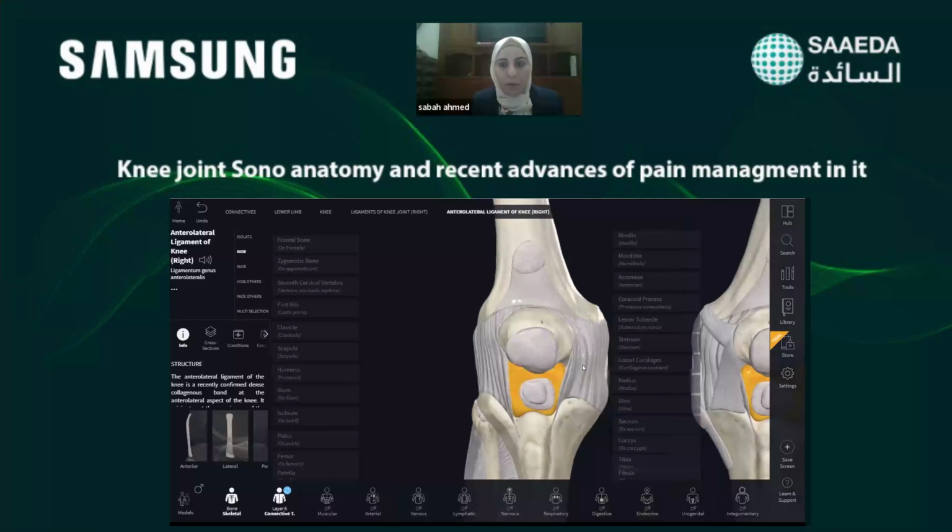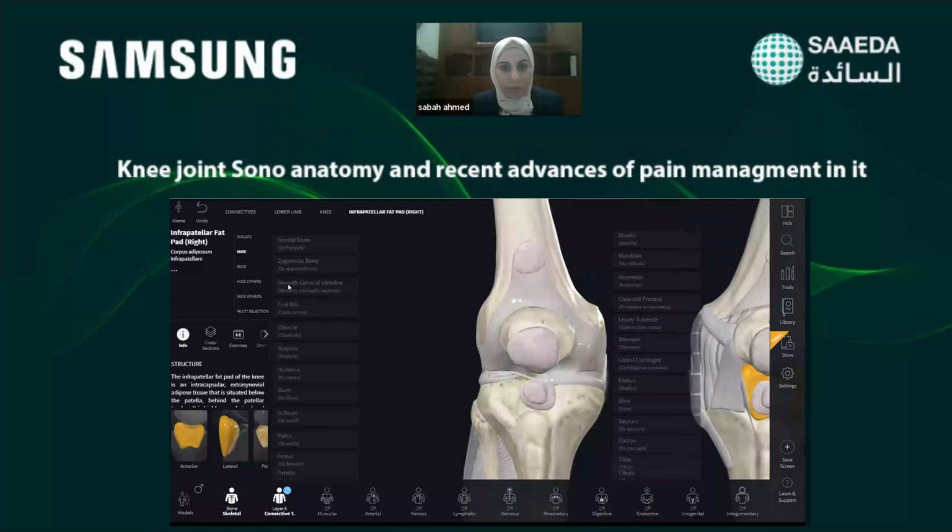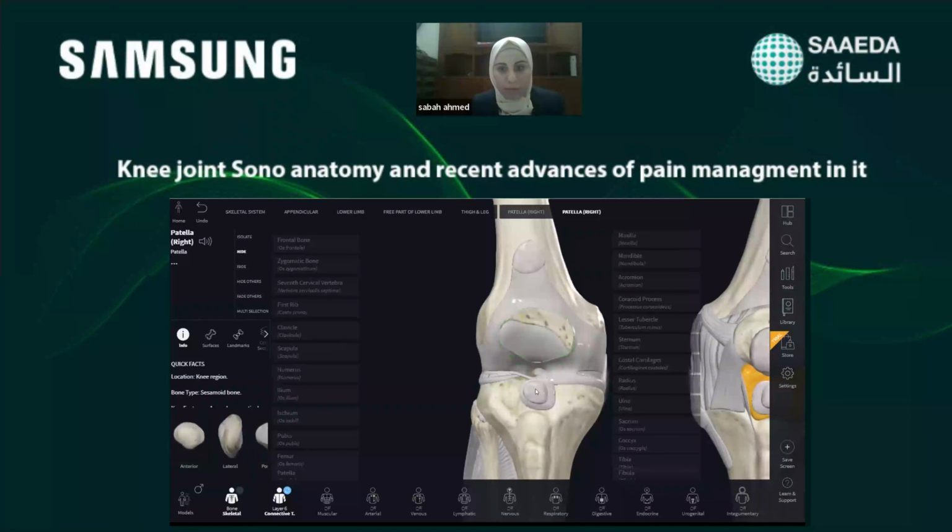So if I remove the joint capsule now to go deeply within the joint, and remove the bursa also with bone, now we go deep within the knee joint.